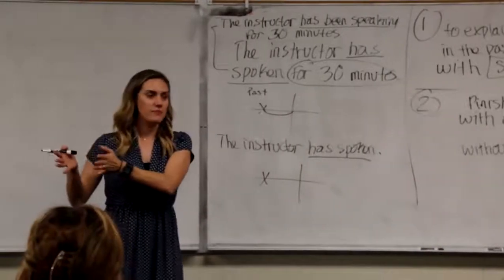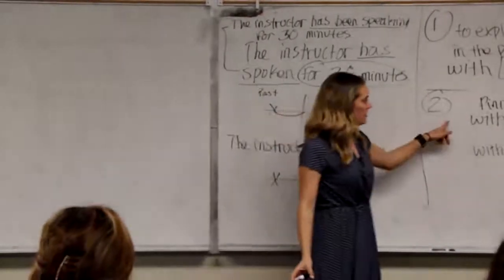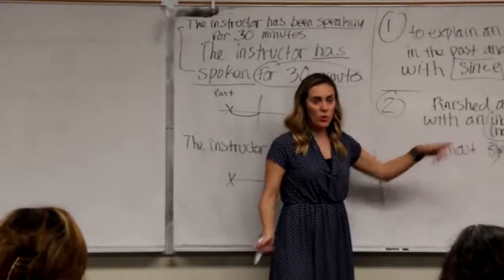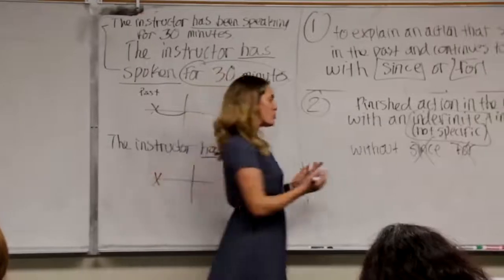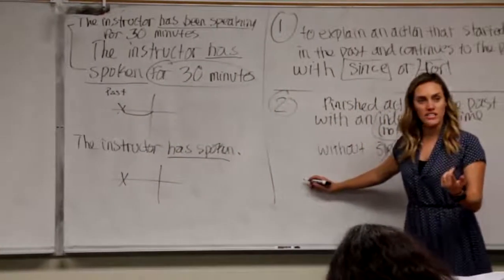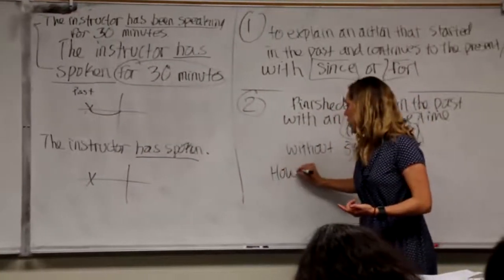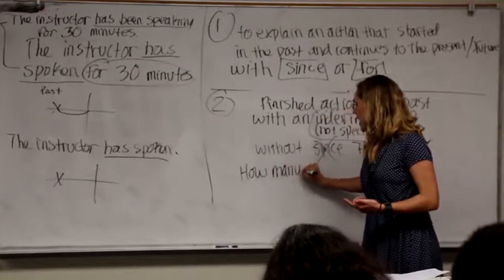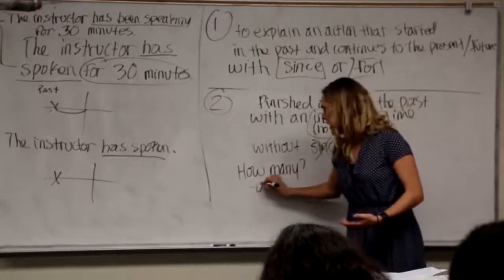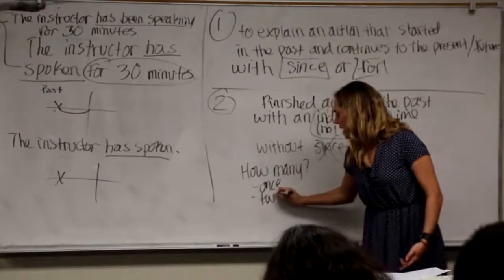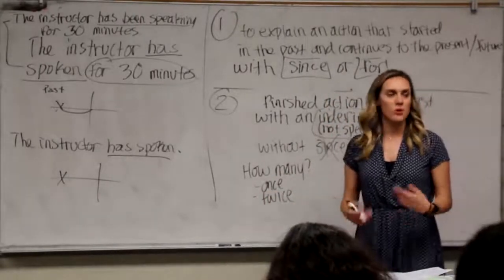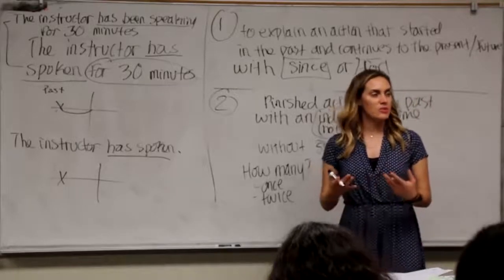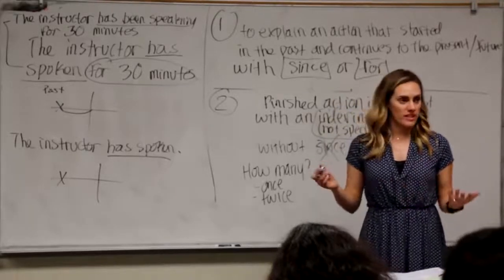With the present perfect without since and for, we don't have a time. The only time you could have, if you want one, is to focus on how many times: once, twice, 3 times. The instructor has spoken 3 times, right? The student has read a book once.